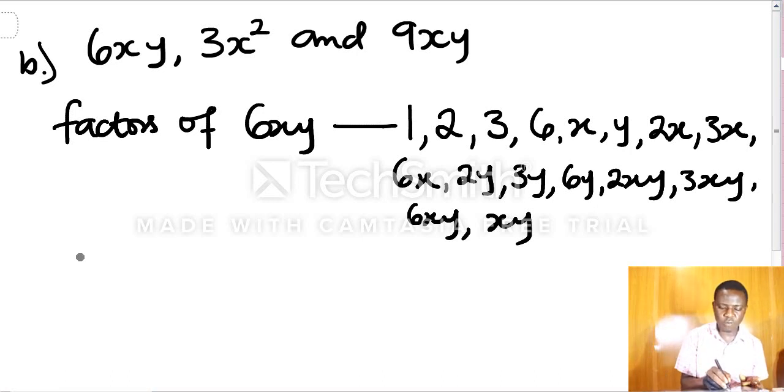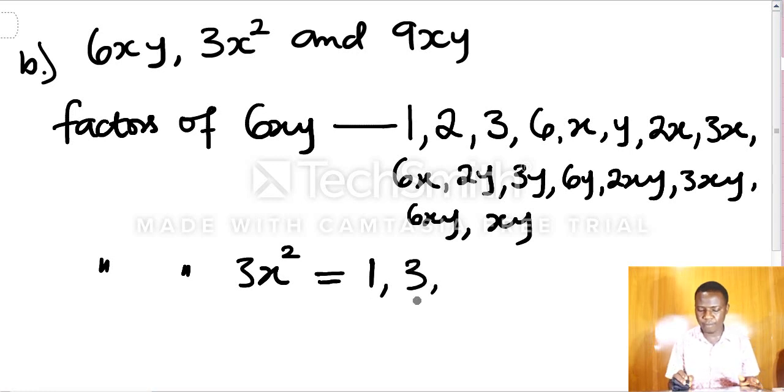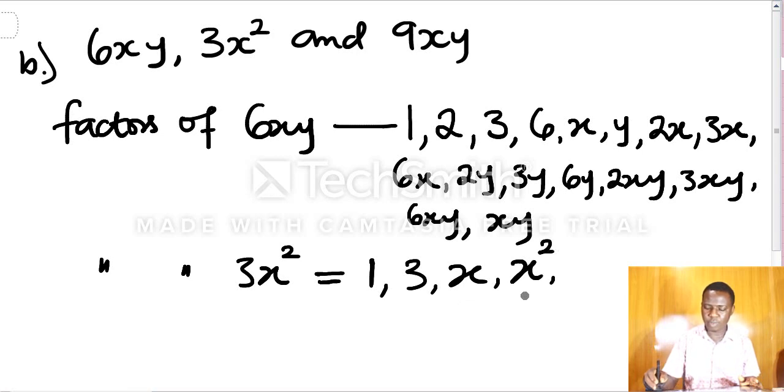While the factors of 3x squared will include 1, 3. We have x. We also have x squared, also 3x, and 3x squared.